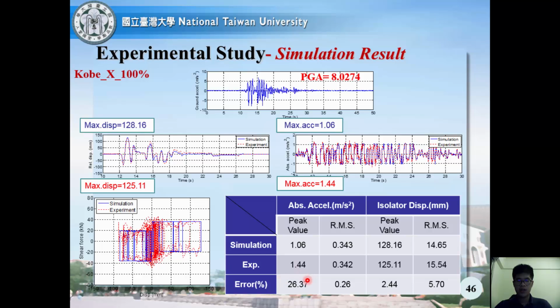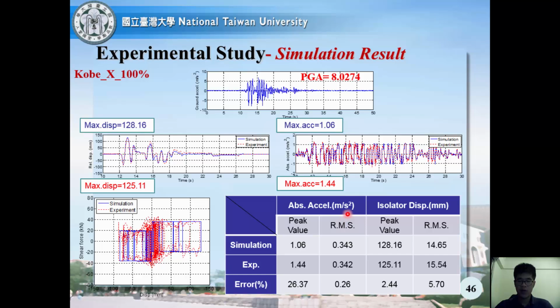If we first look at the peak absolute acceleration, we may see there is a relatively large error for the peak value. This may be due to the fact that we neglect the pounding motion in our simulation method, but from the experiment we see that the pounding effect is not negligible, so it produces a relatively large error.